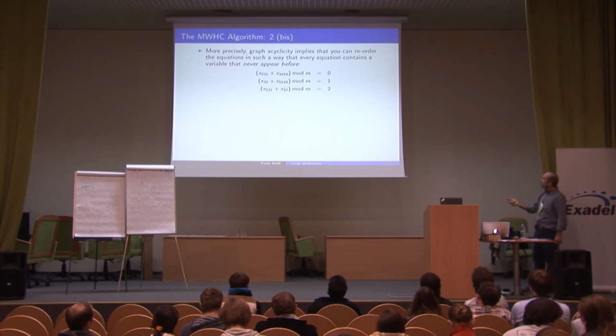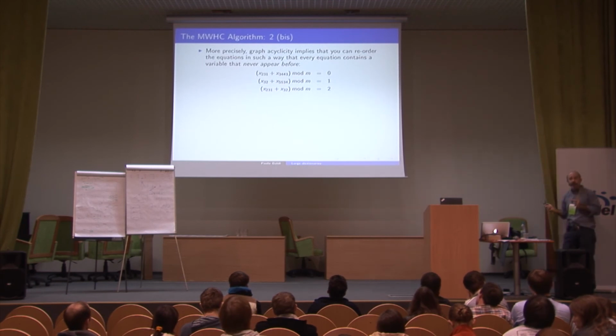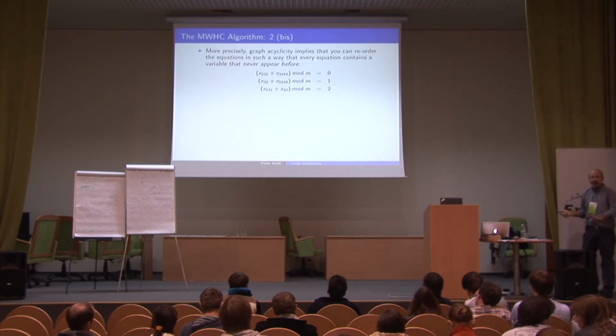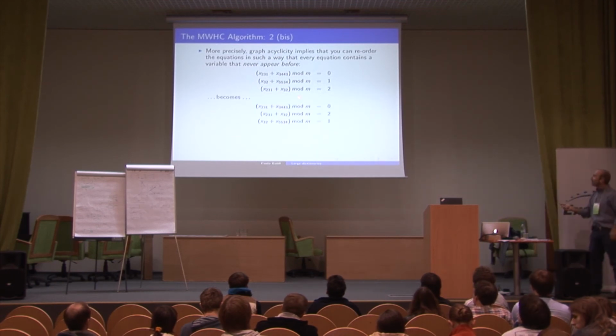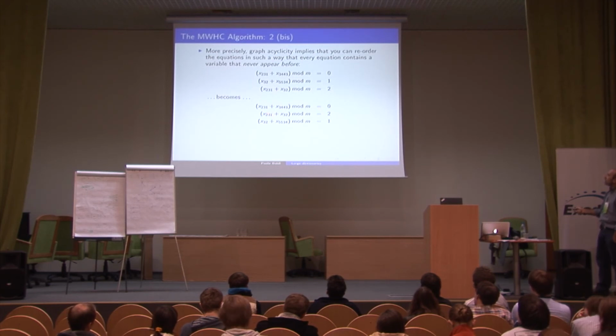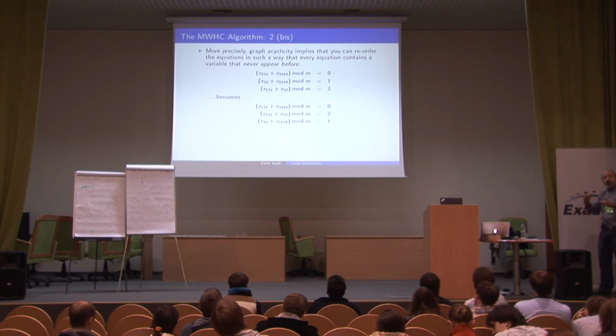So you see, in every equation there is at least one of the two variables that never appeared before. In the first equation, this is trivial. For the second equation, no, I have to reorder them. So these are the equations reordered. For the first equation, it's obvious. For the second equation, this variable already appeared, but this variable is new. And in this equation, this variable already appeared, but this one is new. If you reorder the equations exactly in this way, it's easy to find a solution for the system.